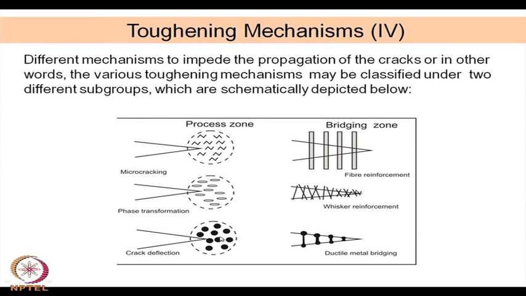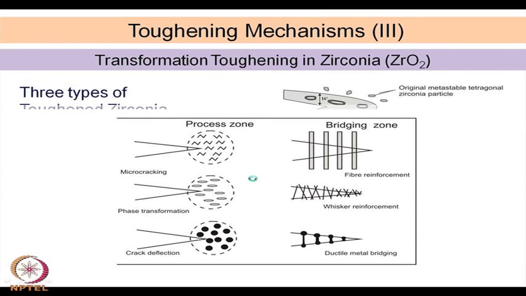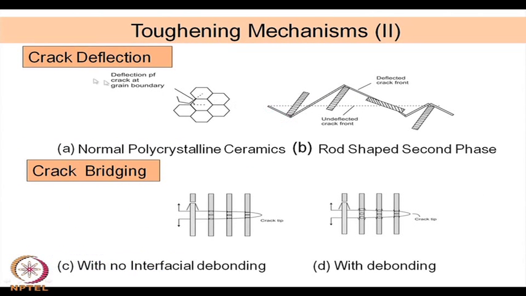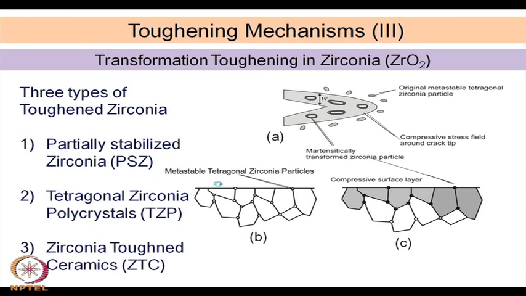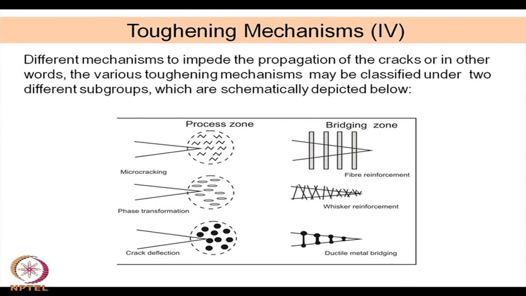Crack deflection, that also has been discussed earlier, either by the presence of some second phase material or just by grain boundaries, okay, which we have discussed earlier. This is crack deflection either by grain boundaries themselves of the same phase or a second phase, either it may be an elongated or rod like second phase, or even fine particles can also do the same thing.